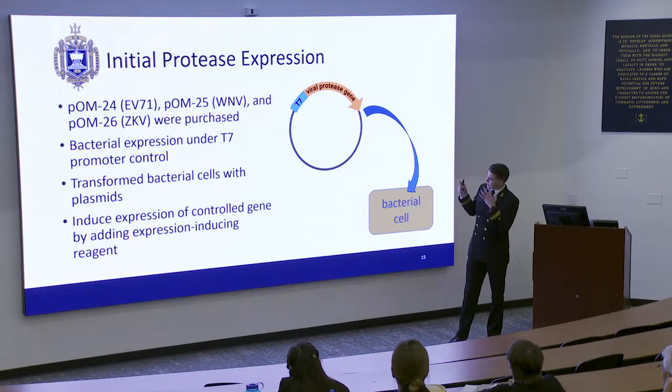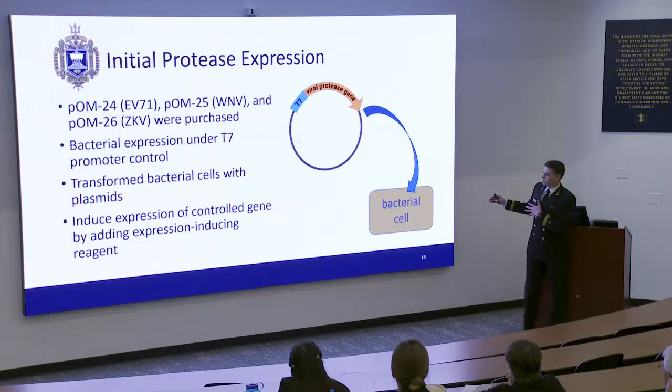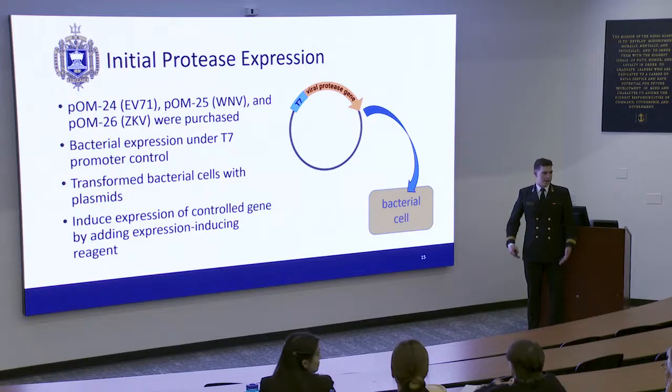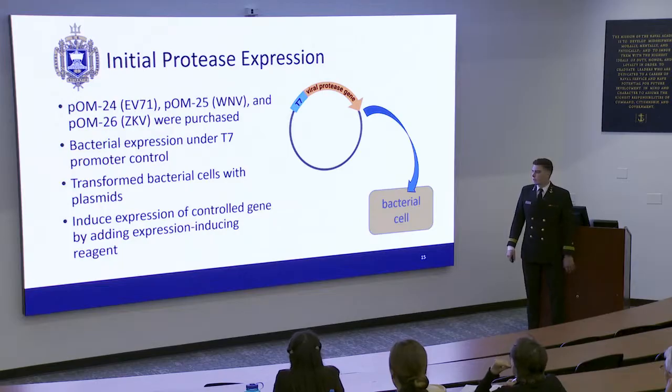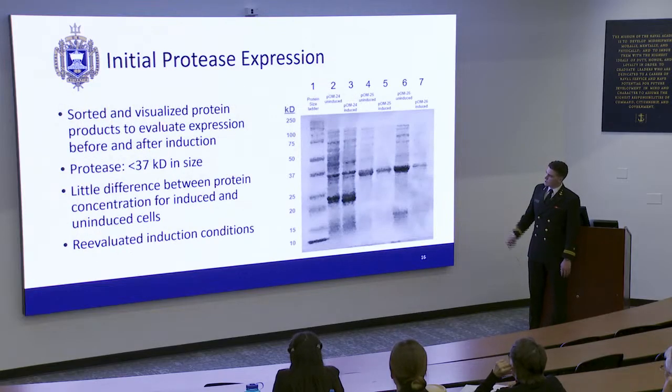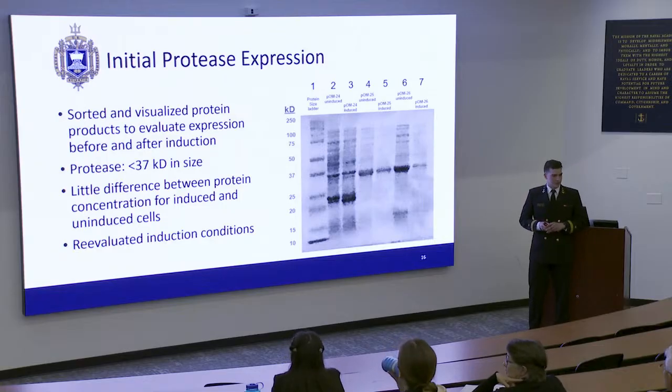Essentially, we take this plasmid, transform bacterial cells with that DNA, and then we can induce the expression of that control gene by adding an expression-inducing reagent, in this case, IPTG.